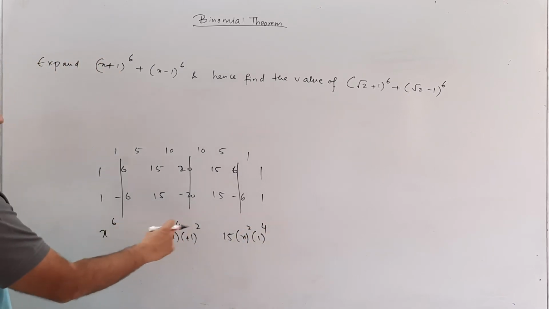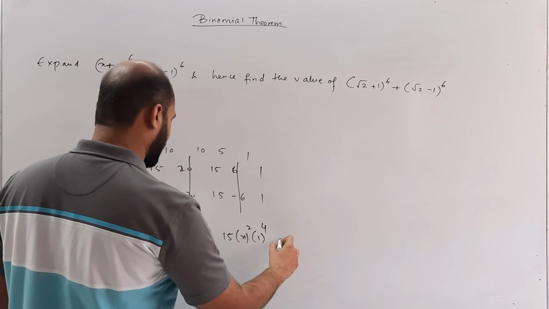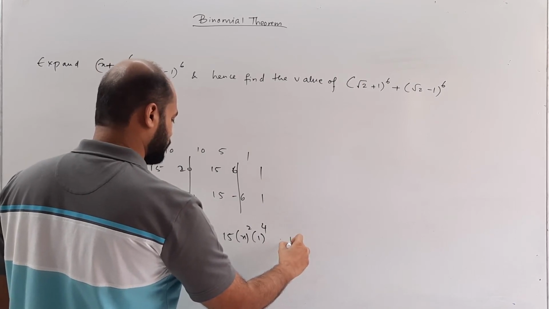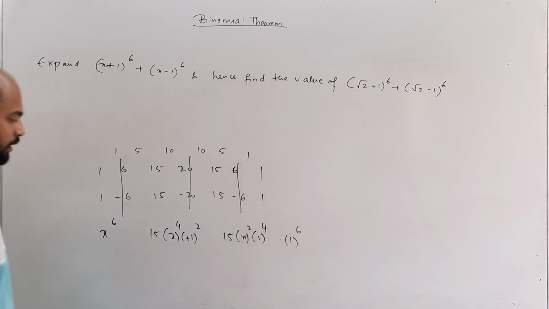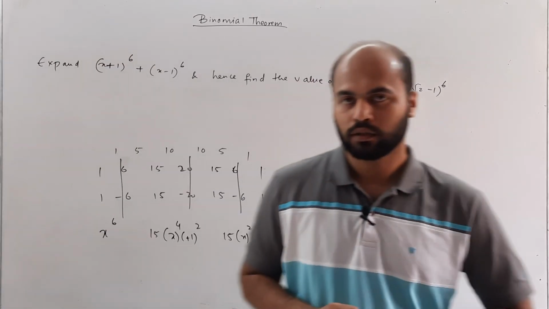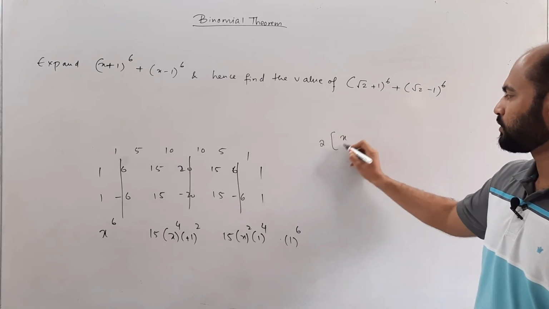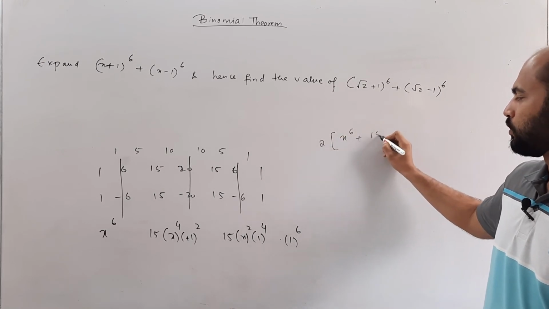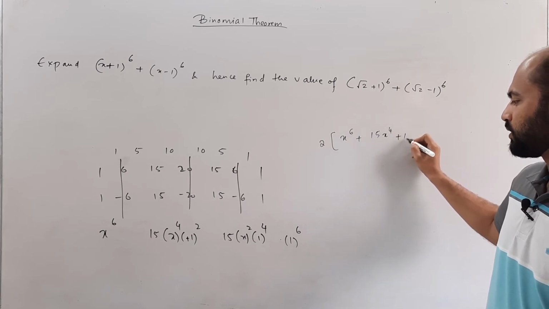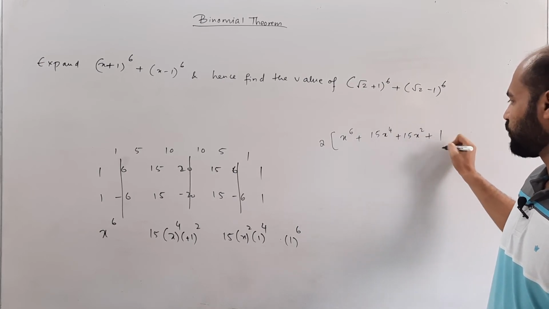Overall the power has to be 6. And here this is going to be the last term, which is 1 raised to 6. So overall you can see for yourself now that without expanding much, we have done this problem, and the overall expression is going to be 2 times x raised to 6 plus 15 x raised to 4 plus 15 x square plus 1.